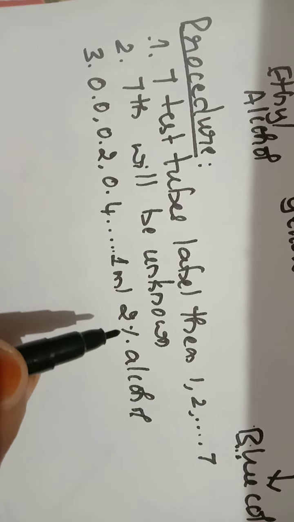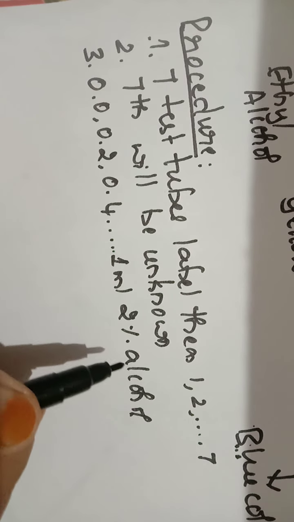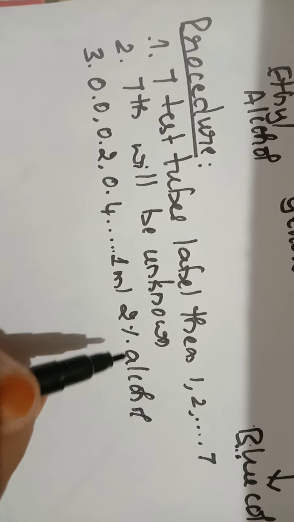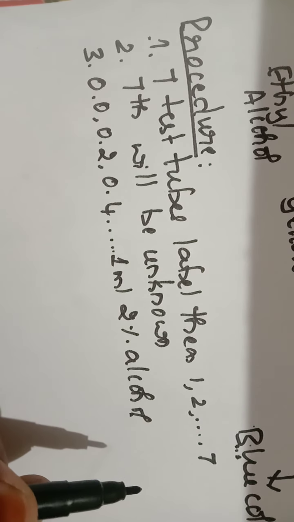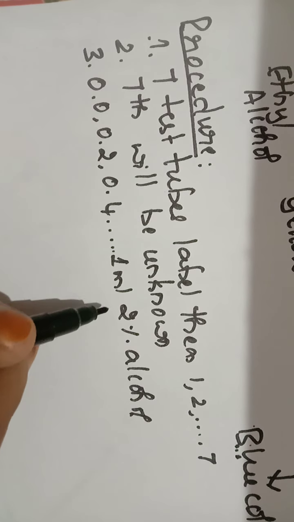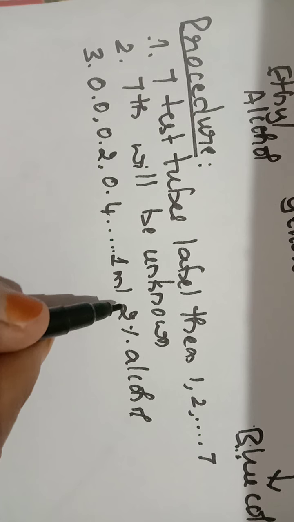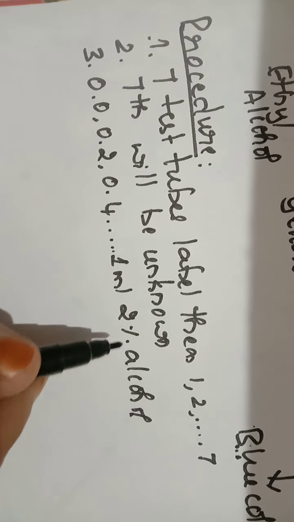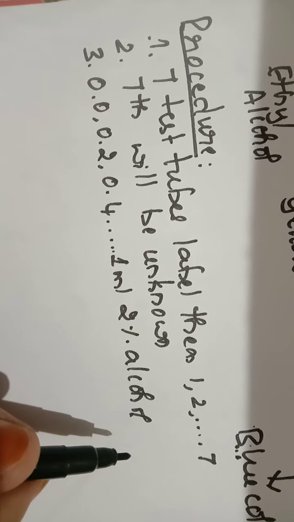If the solute is a solid, we dissolve 2 grams in 100 ml of the solvent. But alcohol is not a solid solute, so for the preparation of 2% alcohol, we take 2 ml of alcohol and make it up to 100 ml by adding 98 ml of distilled water.